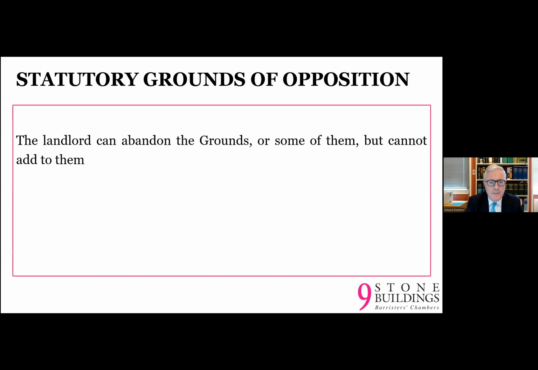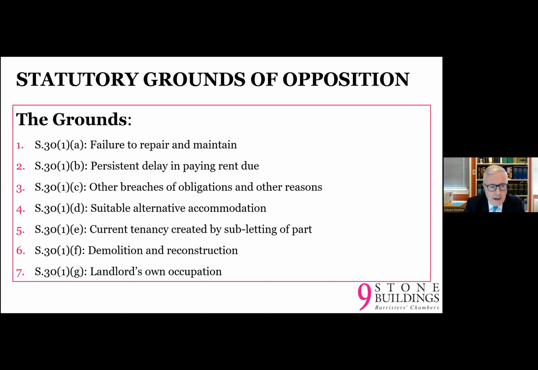Well, with those introductory words, let's get to the grounds themselves. They're on the screen now, and they're found in paragraphs A to G of section 31, and they're failure to prepare and maintain, persistent delay in paying rent due, other breaches of obligations and other reasons, suitable alternative accommodation, current tenancy created by subletting of part, demolition and reconstruction, and finally, landlord's own occupation.